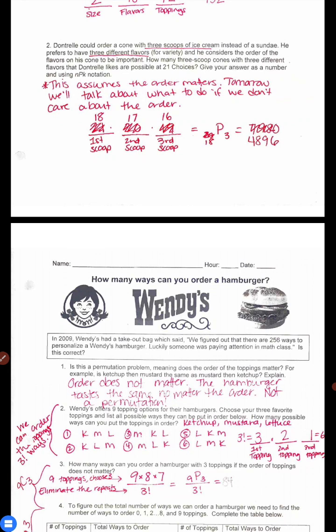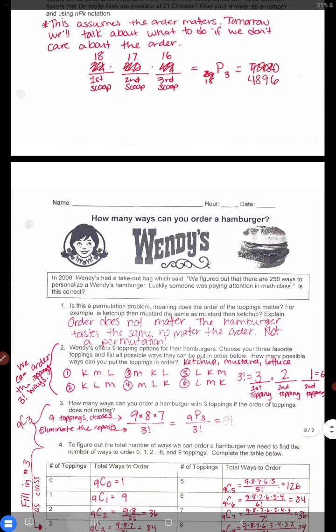Let's say he chooses strawberry for his second scoop. Well, now strawberry's out too. He only has 16 options for his third scoop. So if I multiply those together, 18 times 17 times 16 gives me 4,896. Let's say that you don't want to list that all out. There is actually a permutation button in your calculator, and I'll show that to you.